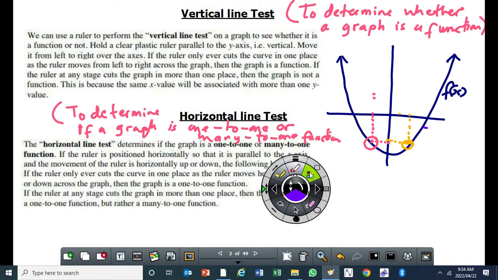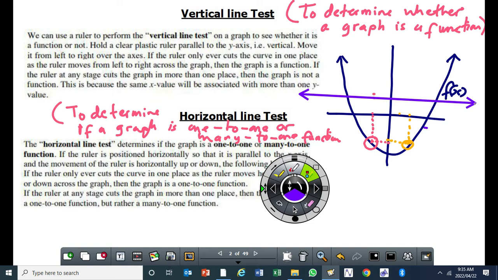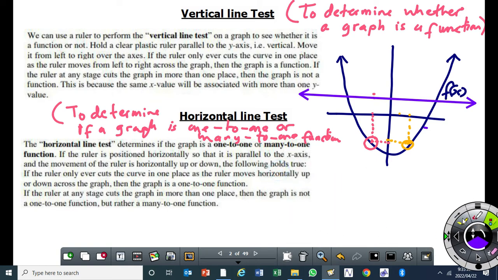So, if I draw a horizontal line like that, I can use that horizontal line to test if the graph is a one-to-one function or a many-to-one function. So all I have to do is move it.